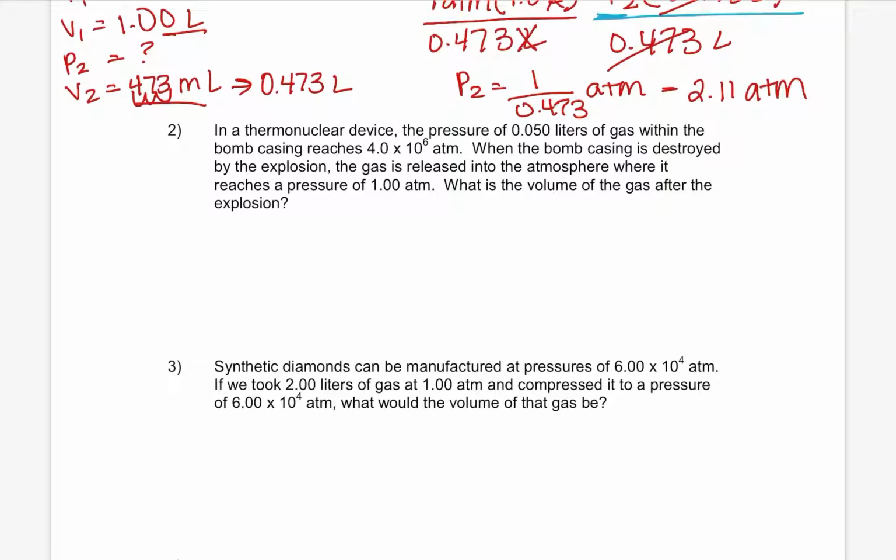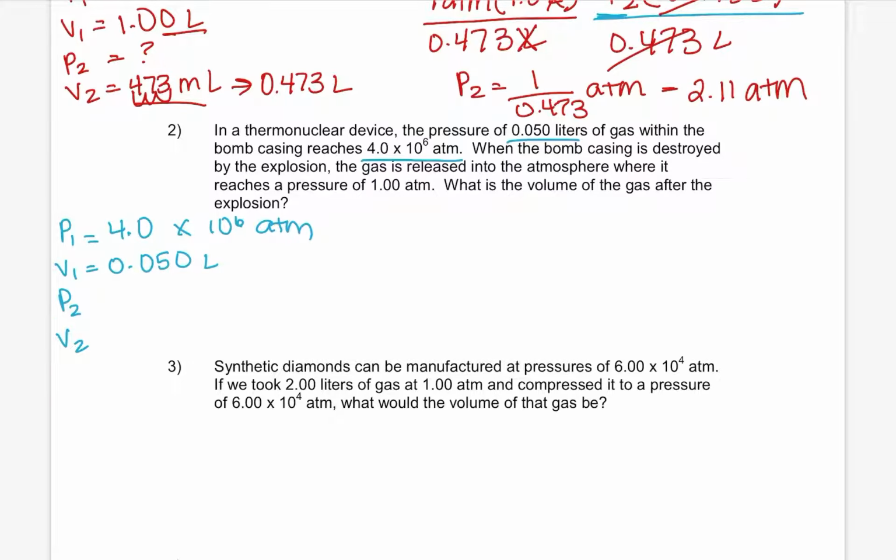So again, I like to list out, let's change the color a little bit, P1, V1, P2, V2. It says the pressure of 0.050 liters within the bomb casing, so that's our first volume, reaches 4.0 times 10 to the 6 ATM.